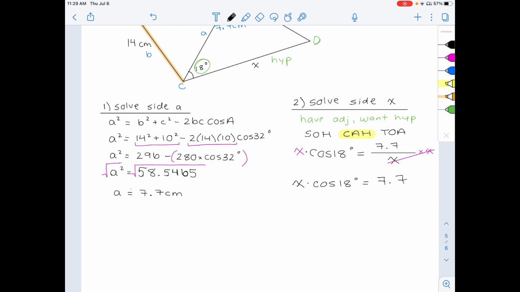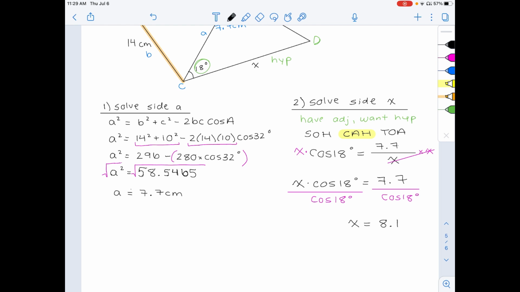And my last step to isolate is just to divide both sides by cosine of 18 degrees to fully isolate for x. And again, it's a side length, so you're going to round to just one decimal place. So we have 7.7 divided by the cosine of 18, and you get 8.096. So I'm going to round this to just 8.1.